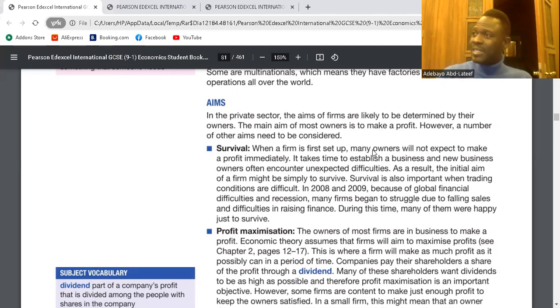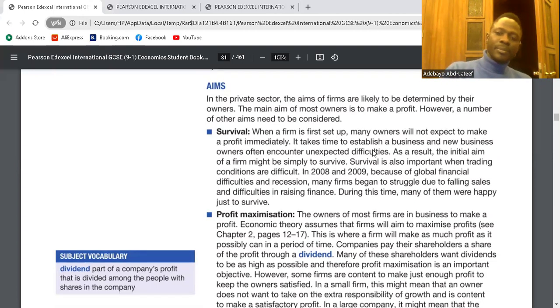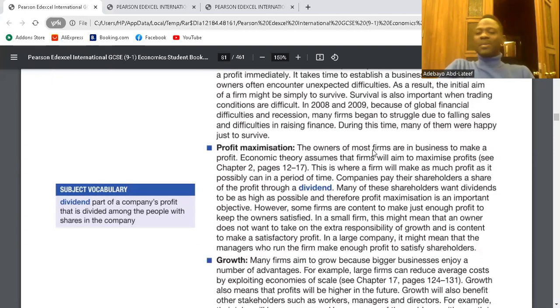At that point in time, aggregate demand will fall, so income level would fall. So it is not expected of businesses to make profit at that time. Existing businesses might just think about changing their objective to survival. Is it clear? Any question about that? The next one is profit maximization.